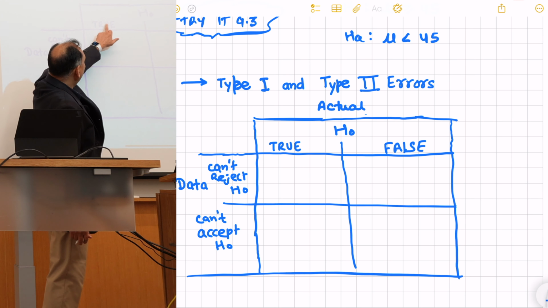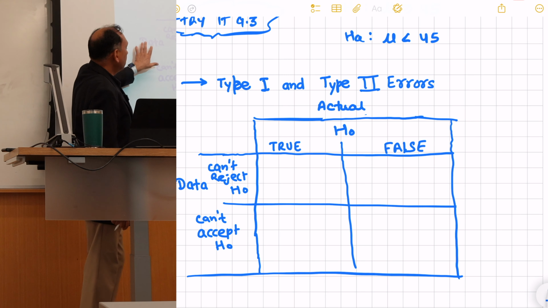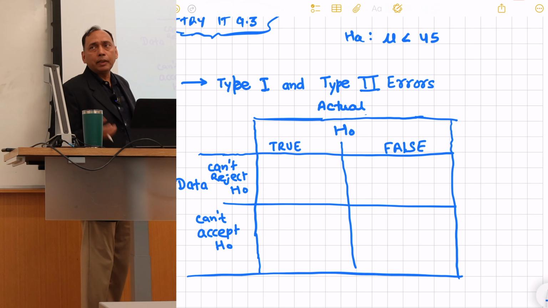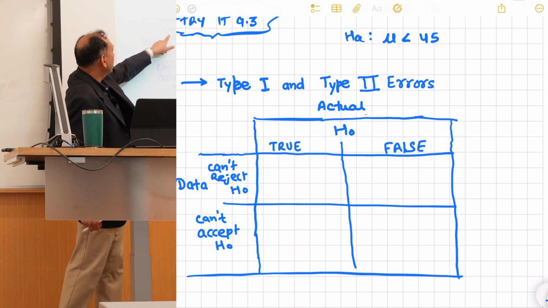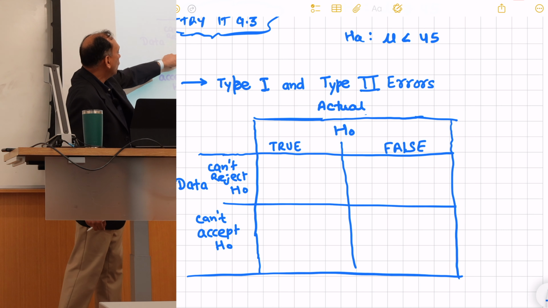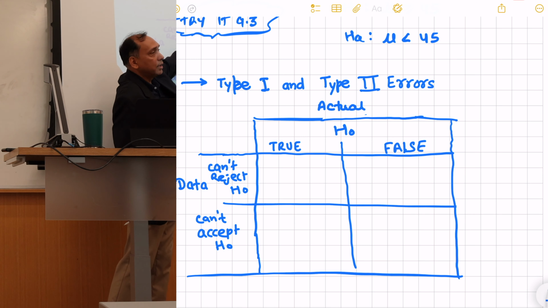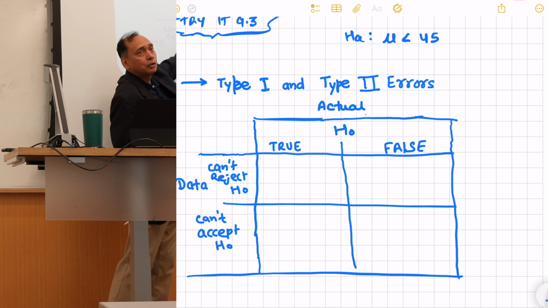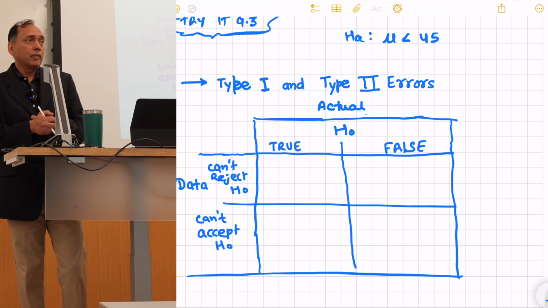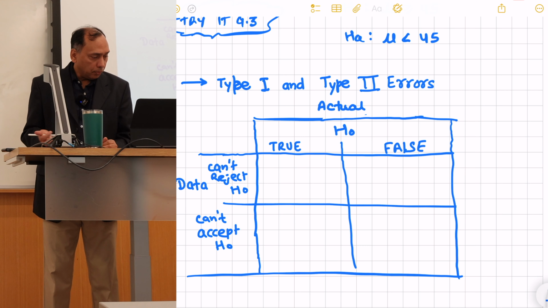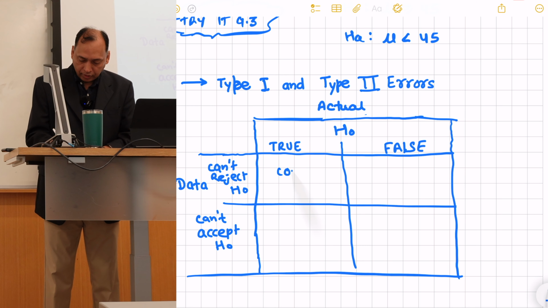So you collect some sample, you ask 30 people or 50 people, and based on that you say you cannot reject HO, you cannot reject this claim or hypothesis. That's a correct decision.